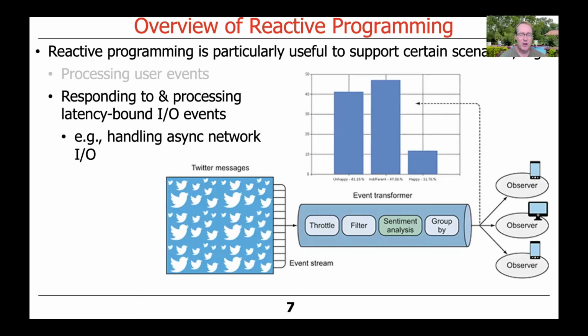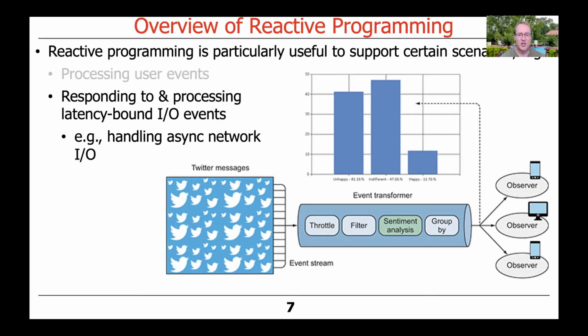Likewise, another common place for using reactive programming is responding to and processing latency-bound I/O events, things where you need to handle input from networks or maybe file systems, but particularly networks. So handling network input and output asynchronously is also a very common place where reactive programming is used.